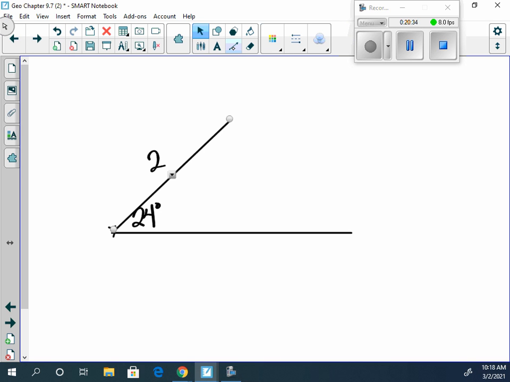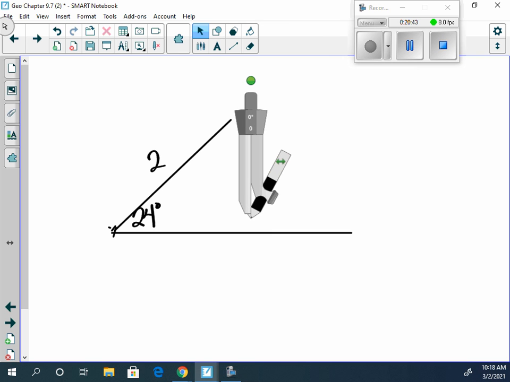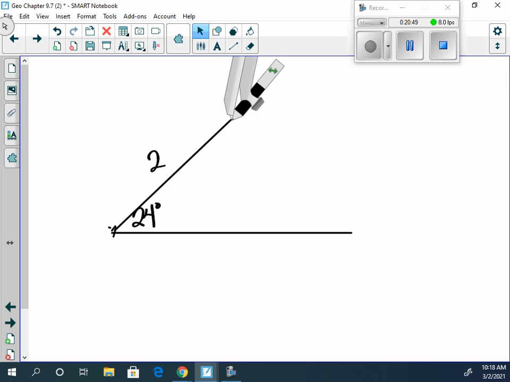Now, y'all know that this compass is good for drawing circles, yes?